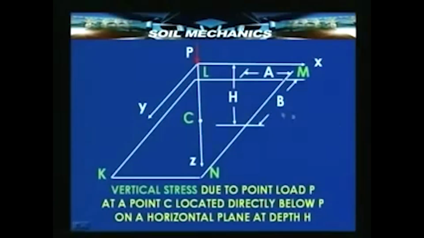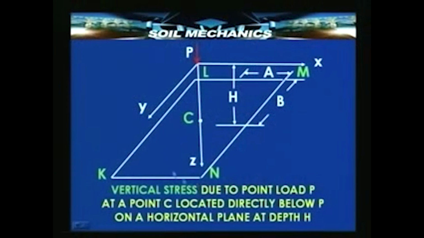Take a look at this figure. Suppose this is the point load. We normally are interested in finding out the stress at any point such as C directly beneath the load P, or sometimes away from this. If it is directly beneath the load P, if the center C of a horizontal rectangular area is below the point P, then the formula that we have derived in the case of point loads, the Boussinesq theory based formula, is directly applicable here.